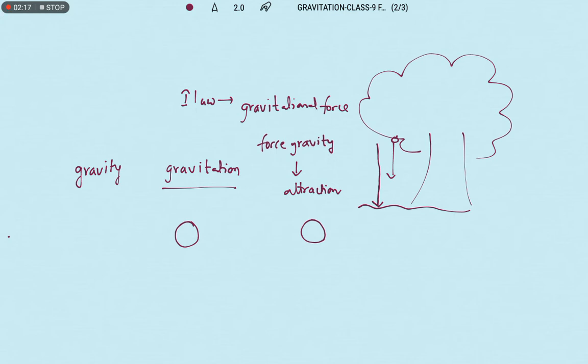Whatever force of attraction exists between two objects is known to be gravitation. Then what is gravity? Gravity is a force exerted by huge bodies or heavenly bodies like sun, moon, earth on the objects which are present on their surface. That force is known to be gravity.